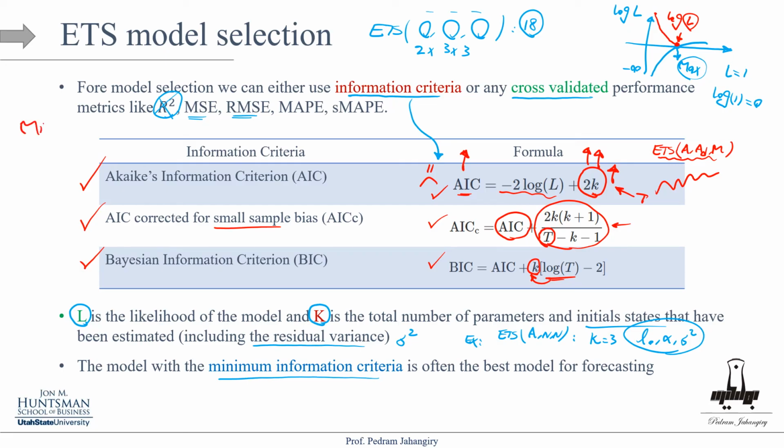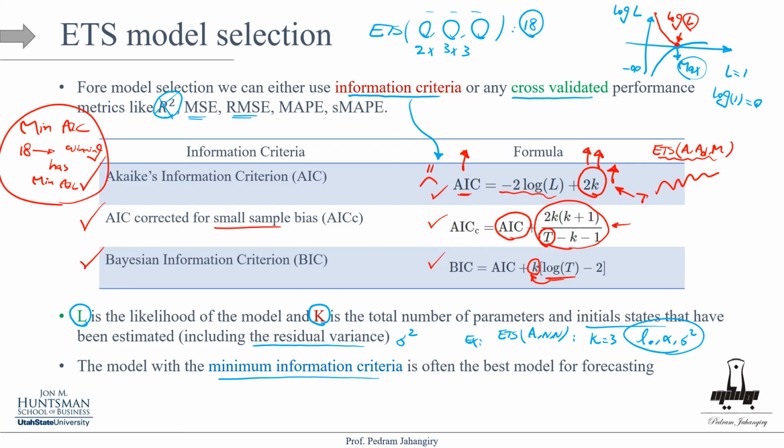You're going to minimize that information criteria, let's say AIC, and this minimization is going to give you the best combination of those parameters, right? So out of those 18 versions, the winning one has the minimum AIC.